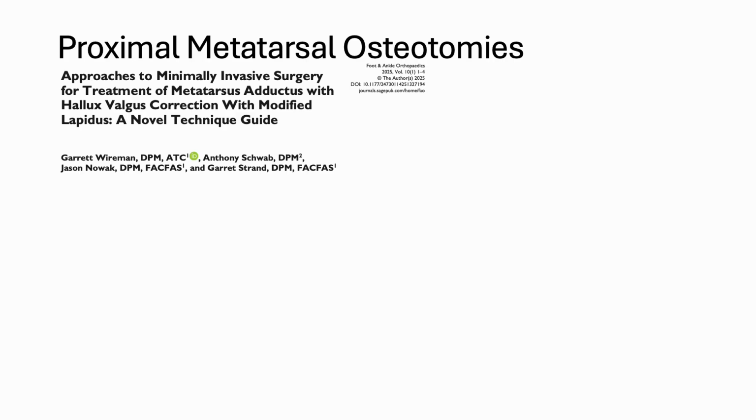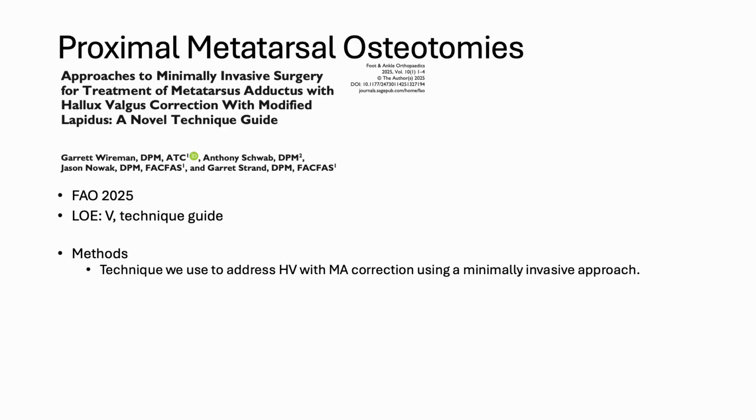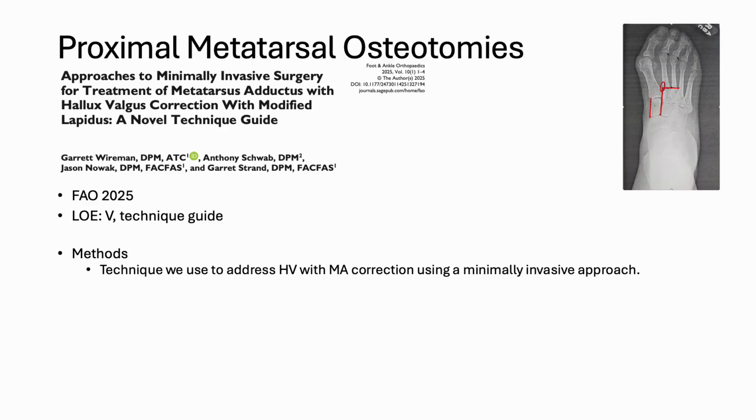So you can extrapolate that with this paper here, which is maybe just a little bit different because they added a lapidus for more adult deformities instead of pediatric. So 2025 Foot and Ankle Orthopedics. It's again level maybe 5 study technique type guide. Basically, they used a technique to address hallux valgus, which is that lapidus procedure, and then they used metatarsal osteotomies, minimally invasive proximally for metatarsus adductus correction.